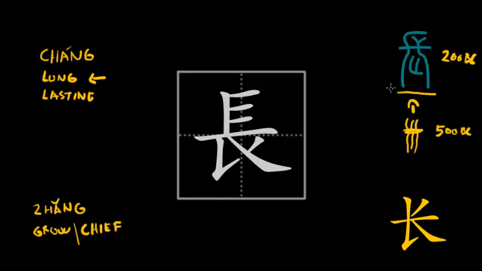So this character here is composed, even though maybe you can't see it right now, of 3 elements, and still resembles the shape of the original character. So the 3 elements in this character are this top element over here, which today is a character which is written like this, and it is pronounced wang, and it means to die, to perish.